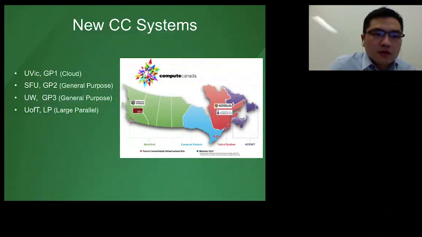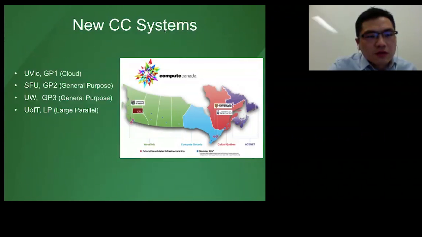GP1 is for a cloud system, which is located in UVic, Victoria, GP2 is general purpose clusters in SFU, and GP3 is in University of Waterloo. GP2 and GP3 are not just normal clusters, but also have a small portion of a cloud. LP is in University of Toronto. LP stands for large parallel.